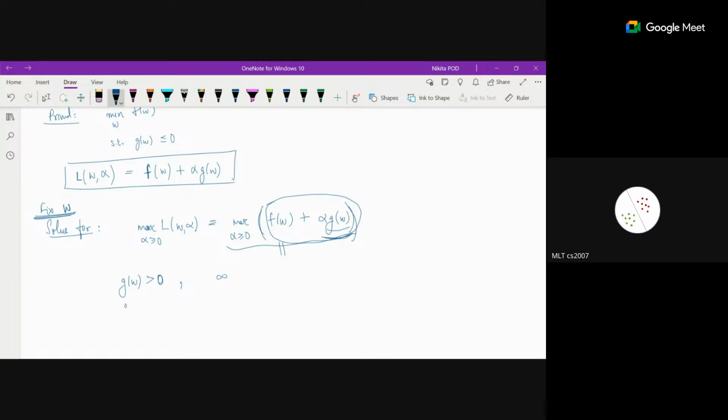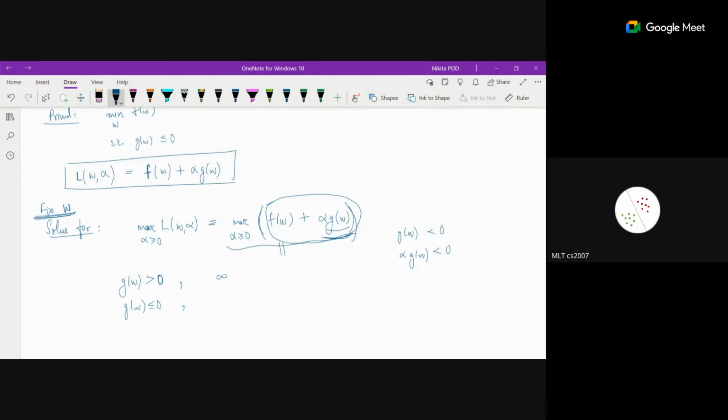But if we restrict g of W to be less than or equal to 0, then let's say I take some negative value for g of W. Since alpha is positive, alpha times g of W is also going to be negative.